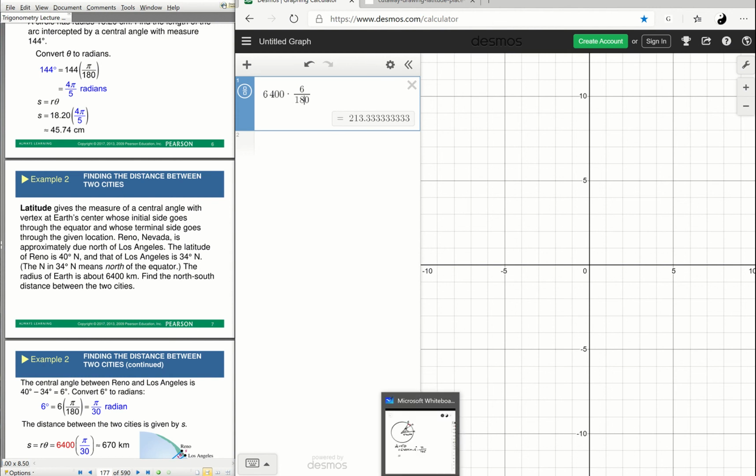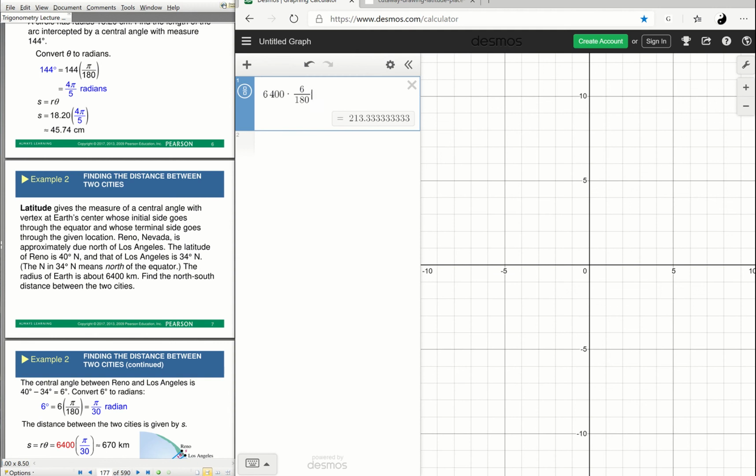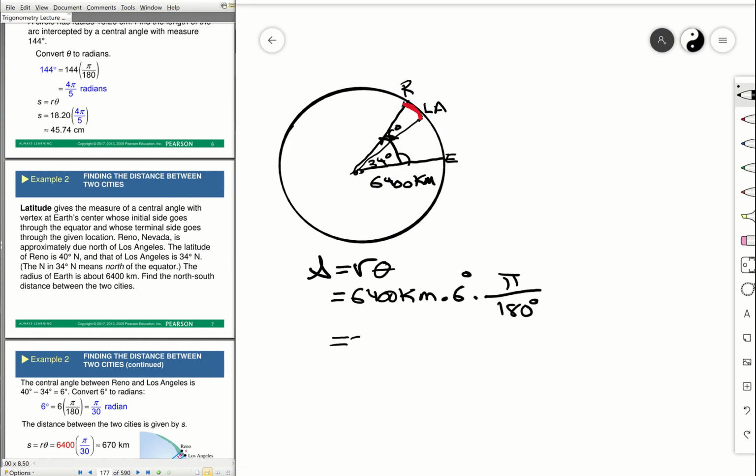So we can write 213.3 bar, and remember that calculation didn't include pi, so we need to multiply that by pi, and we know that that's going to be in kilometers.